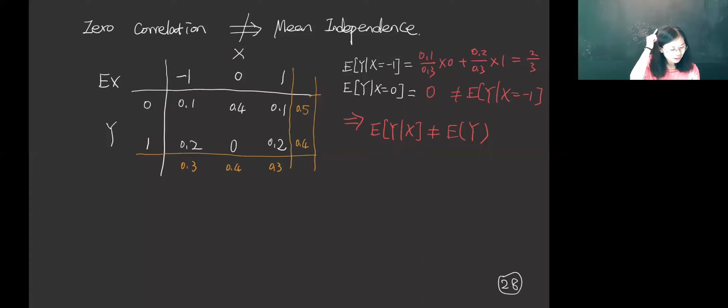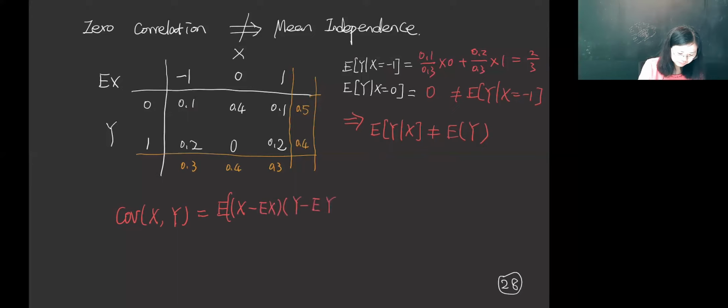But we can calculate the covariance between x and y, and we find that the covariance is 0. The covariance of x and y equals the expectation of x minus E of x times y minus E of y.